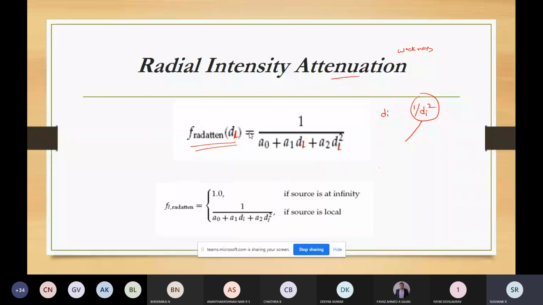Here a naught, a1, a2 can be adjusted to get the optimal attenuation effects.